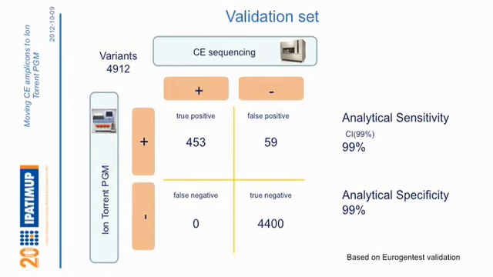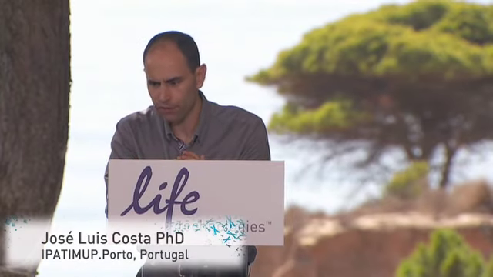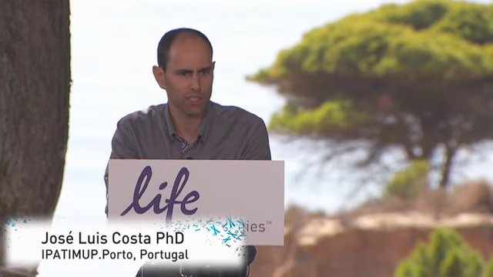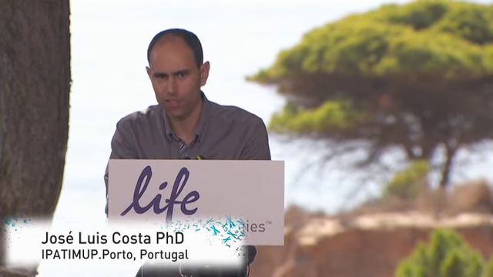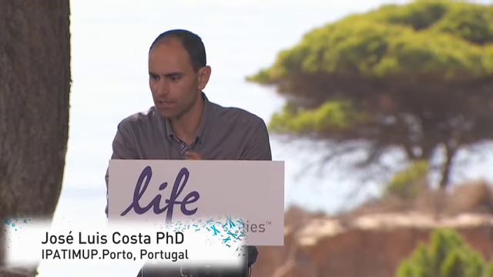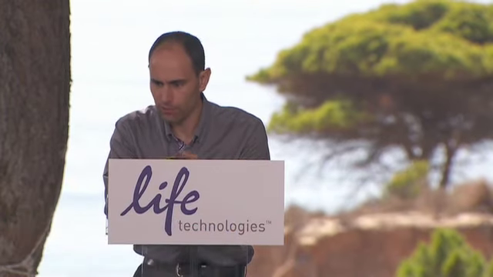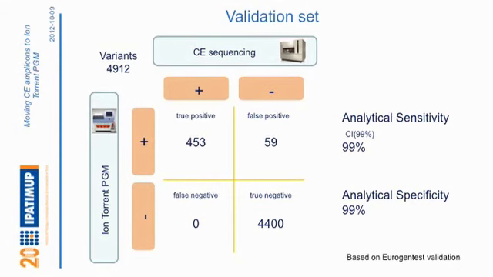For the true positives, all variations that were identified by Sanger sequencing were also identified by the Ion Torrent PGM. We eliminated 4,402 negatives. These were mostly calls that had poor quality, so they were easily eliminated. And the Ion Torrent PGM resulted in 59 false positives that were eliminated using the Sanger sequencing.